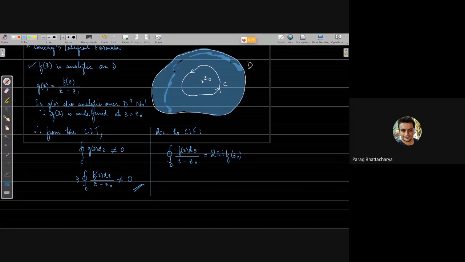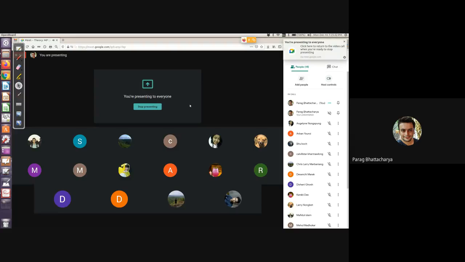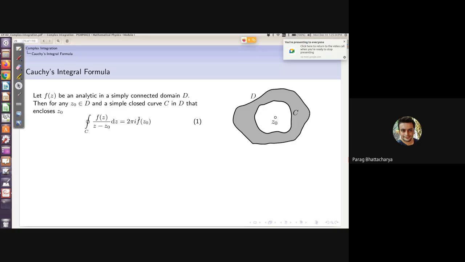So just find the value of f at z naught: 2 pi i times f of z naught. That is Cauchy's integral formula. Is this clear to everyone?